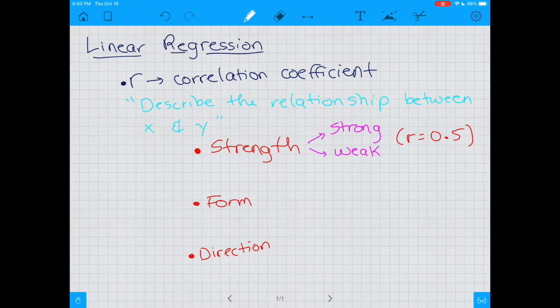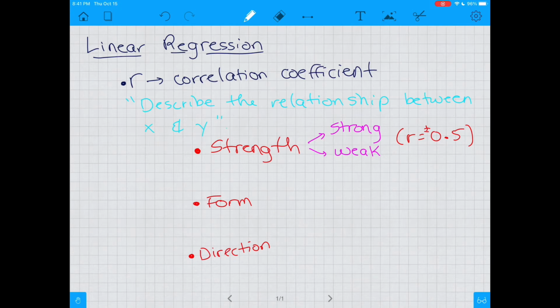So usually it's either really, really high or really, really low, so usually it's not a big concern. However, just as a general guide, I would use plus or minus 0.5 as my cutoff. Obviously, remember, the closer to 1 or negative 1, the better.